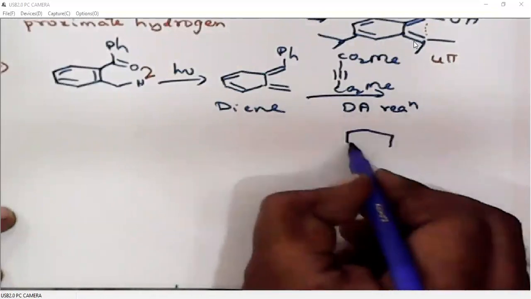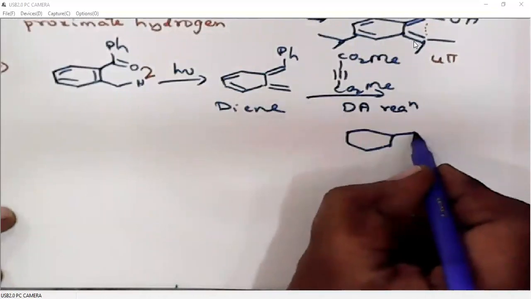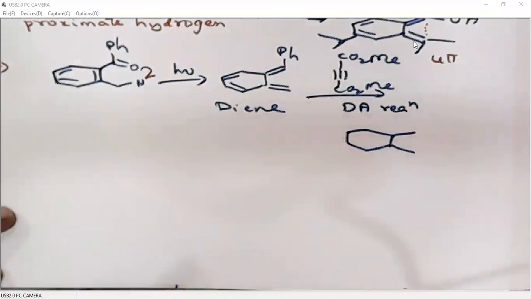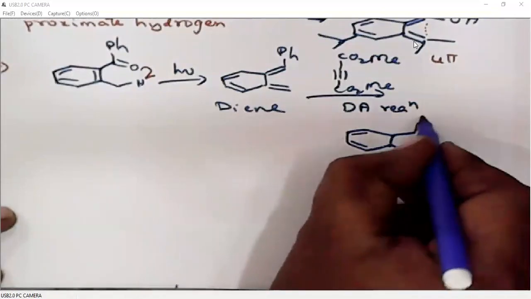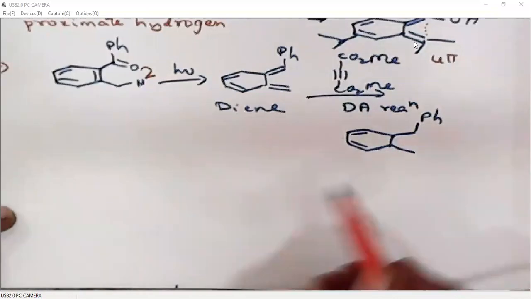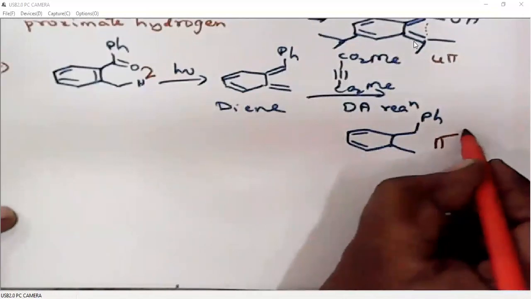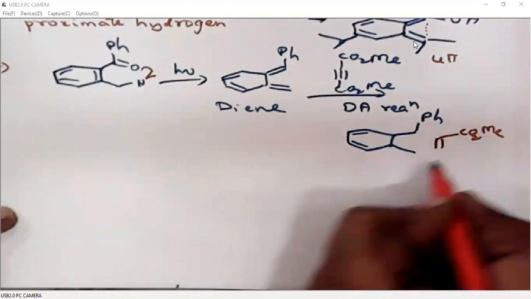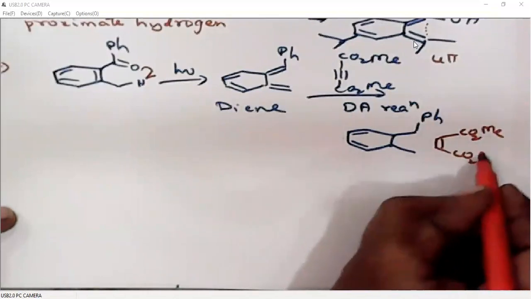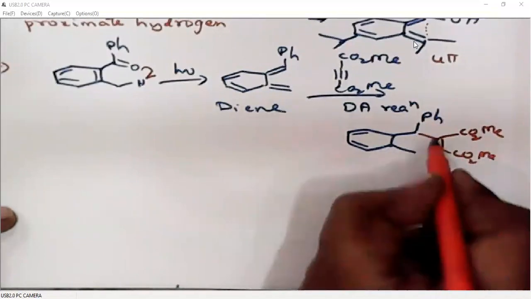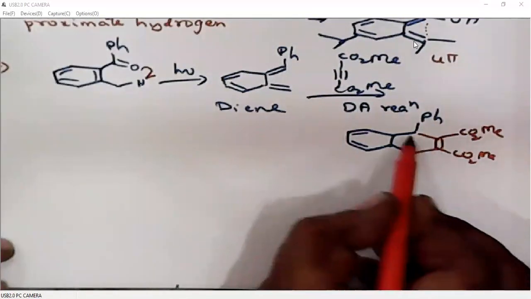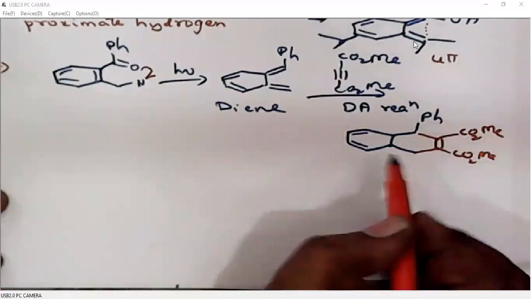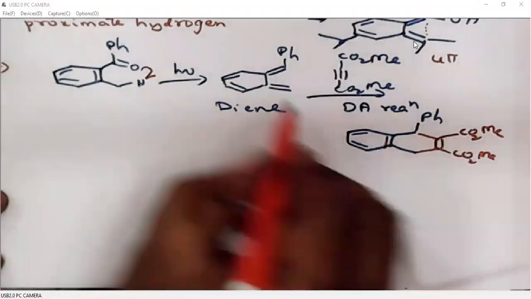which generates a six-membered ring. And this is the new double bond generated, right?